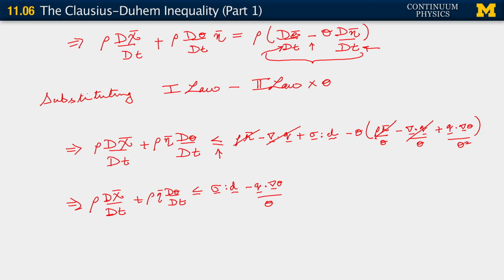Okay? That's where we are. This is another form of the combination of the first and second laws, and there's just a little more work I want to do here.